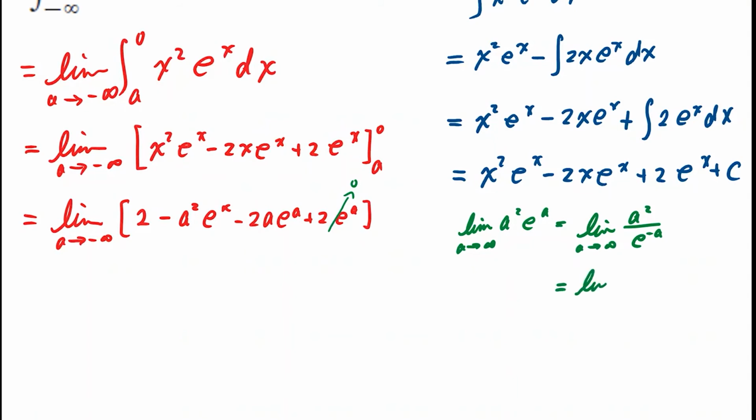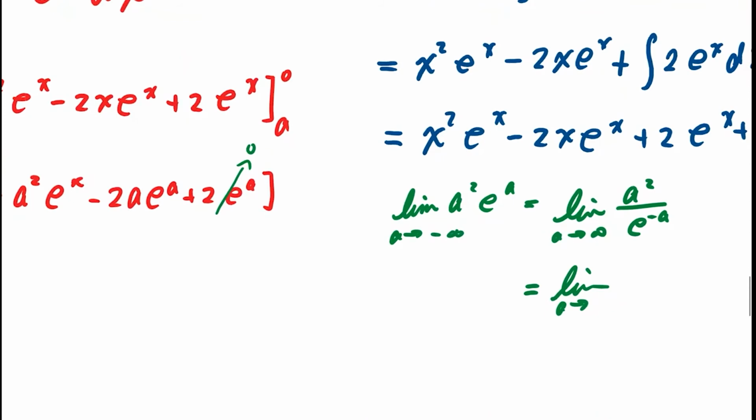Then we'll have limit of a approaching, oh, I said negative infinity, right? This is negative infinity. I'm going to zoom in a little bit and then insert negative infinity there. And then we L'Hospitalize it.